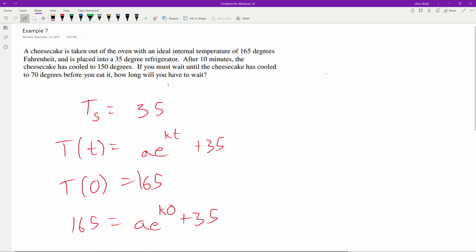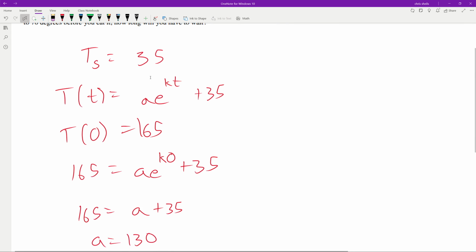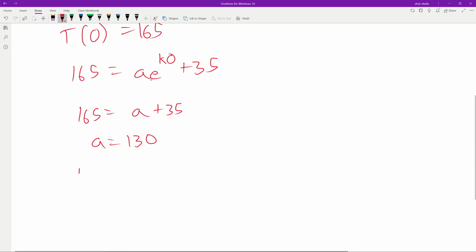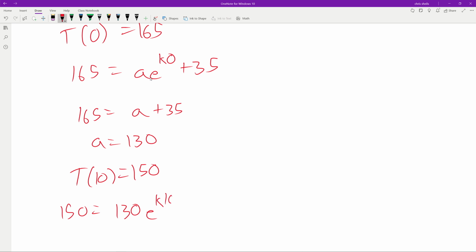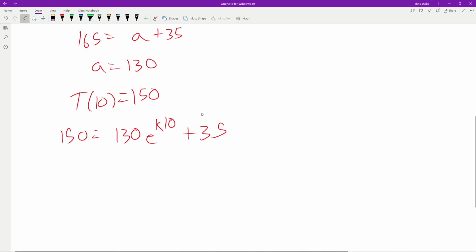I was also told that after 10 minutes, the cheesecake had cooled to 150 degrees. This means T of 10 is 150, or that 150 is equal to 130, this is A, times e to the k times 10 plus 35. Subtracting 35 from both sides, I get 115 on the left-hand side. This is equal to 130 e to the 10k.